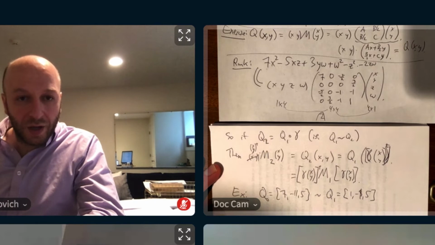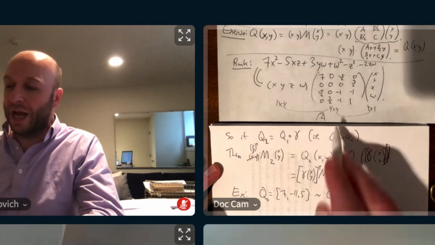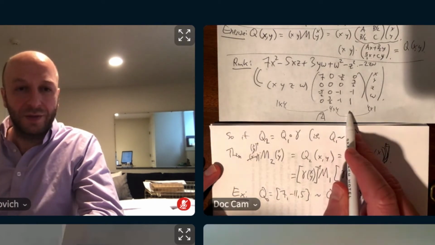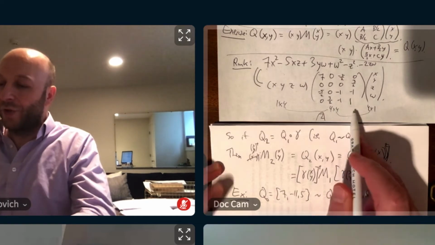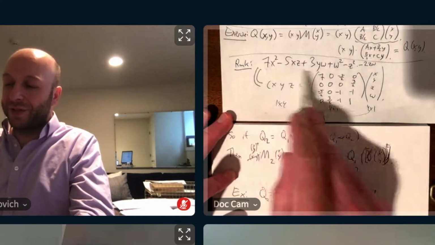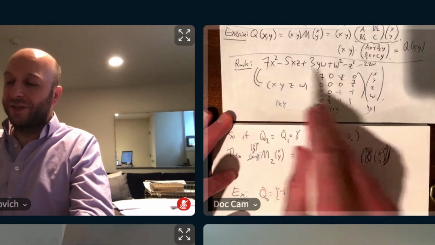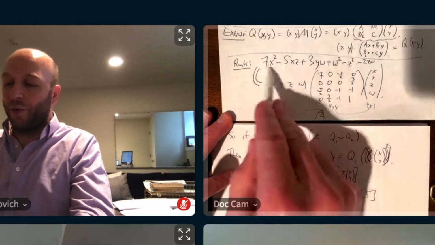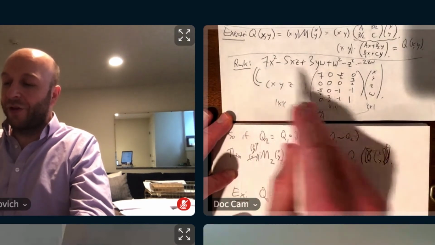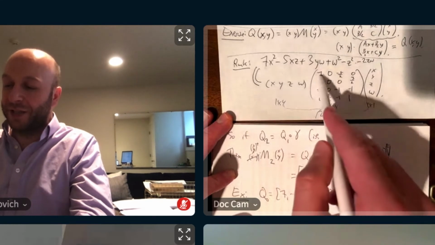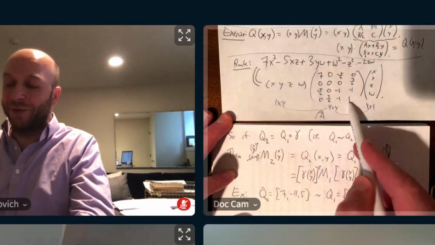Sheik, you're asking how did I get the 4x4 matrix? You just read it off from the entries, what things have an x squared. Is there a y squared term? This is the x squared term, y squared term, z squared, w squared.